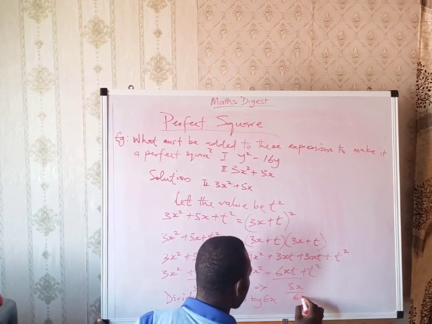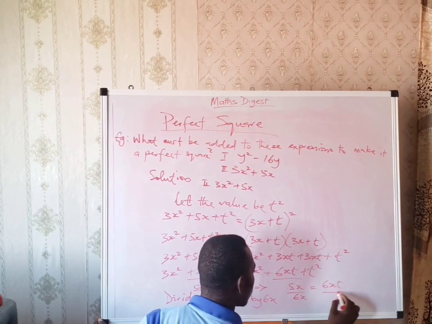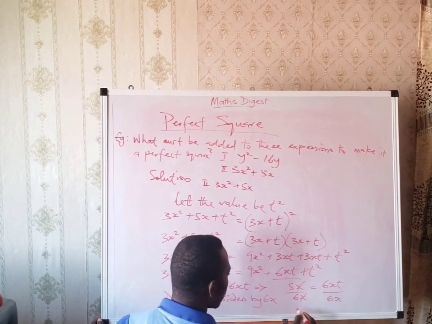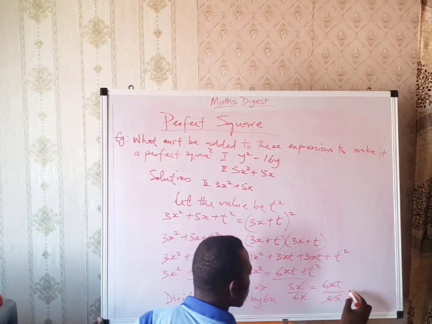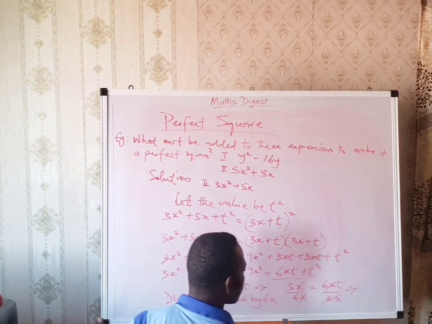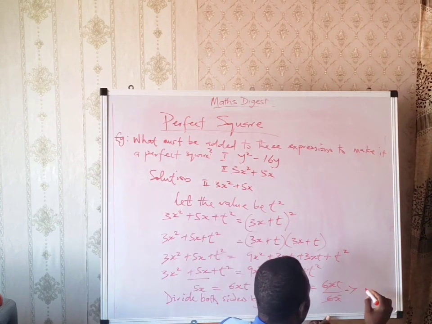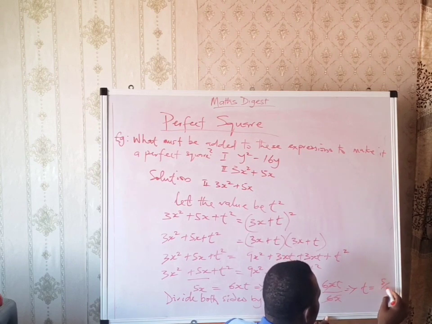So with this we have 5x over 6x equal to 6xt over 6x. So this we cancel, while we have 5 over 6, while this cancels this. Now we are left with t equal to 5 over 6.